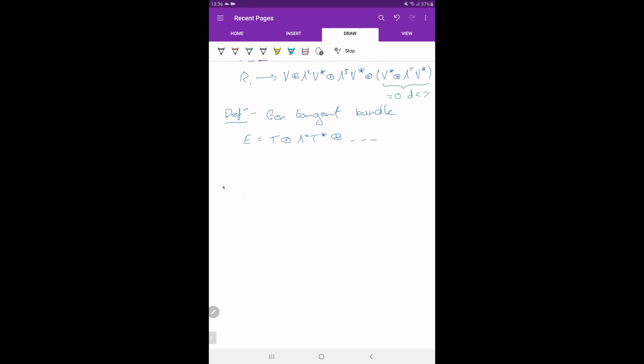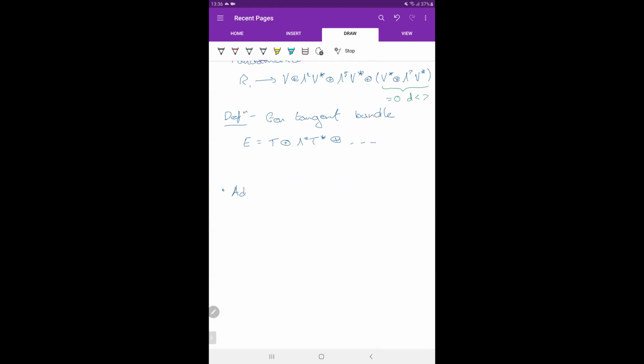And the other important one that we often see is the adjoint representation. So this is EDD plus R. And this decomposes under GLD as wedge 6V plus wedge 3V plus V tensor V star plus wedge 3V star plus wedge 6V star plus R. And again, this automatically gives us our adjoint bundle.